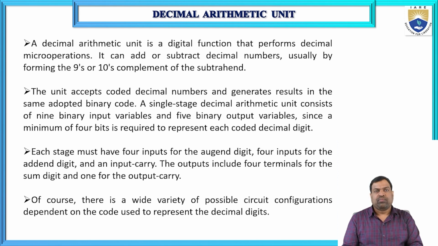So in the decimal arithmetic unit, for adding or subtracting, we always use nines and tens complement, or ones and twos complement, for the subtrahend.